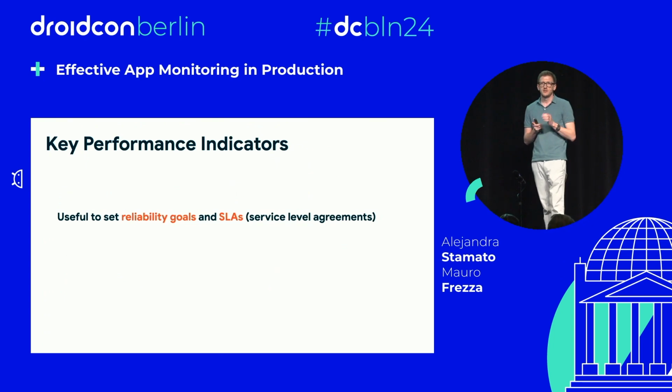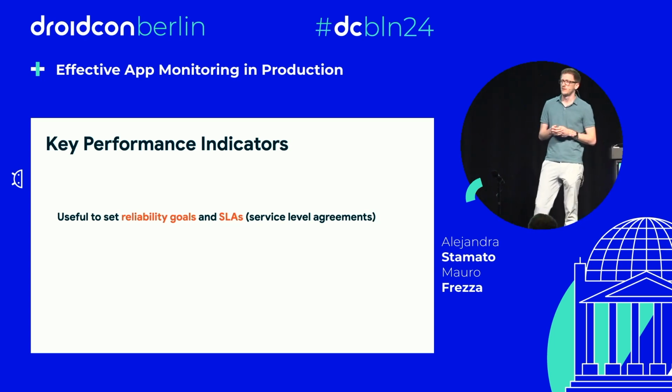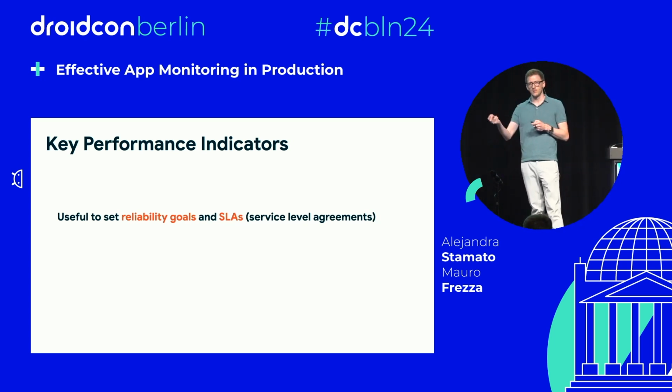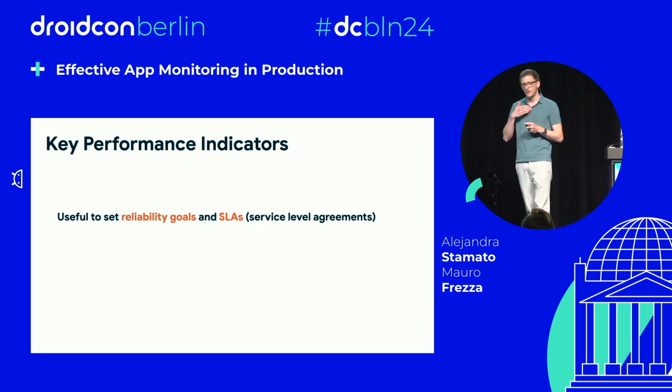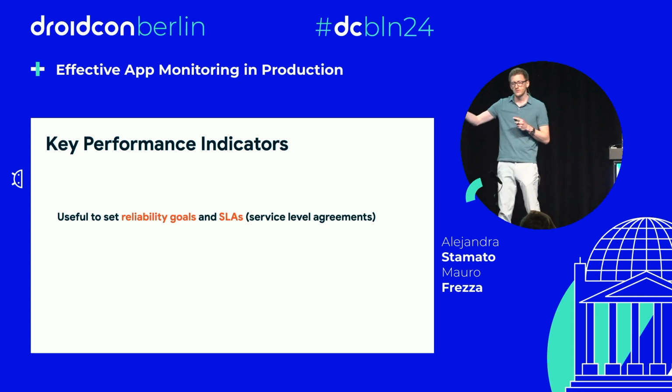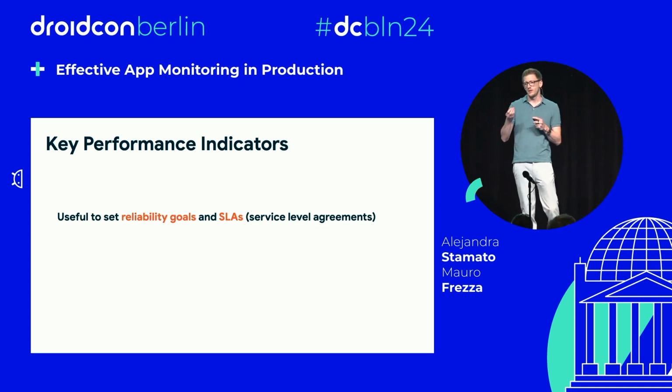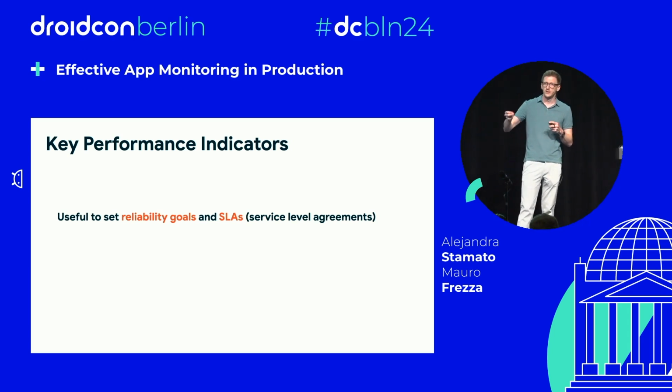Key performance indicators are also extremely useful if you are starting a reliability process or reliability plan. Let's say you want to improve the reliability of the app and you want to set a goal. It could be useful to say we want to reach 99% availability on certain screens. So you have a goal you can work toward, and also a concrete, clear point where you know, okay, we reached that goal and now we did really improve the user experience.